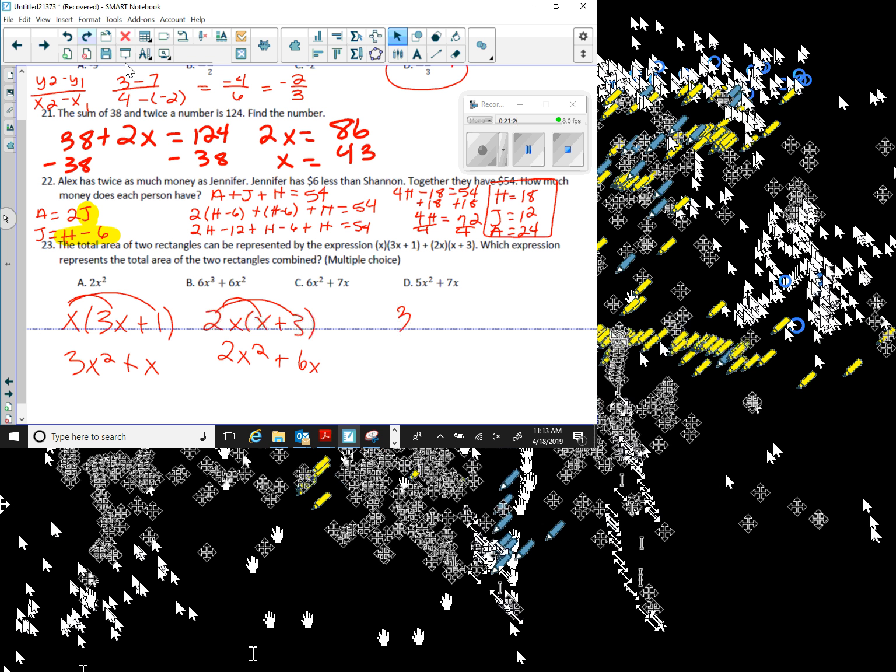Combine those, add them together. 3x squared plus x plus 2x squared plus 6x. Well, 3x squared plus 2x squared is 5x squared. x plus 6x is 7x, which is D.